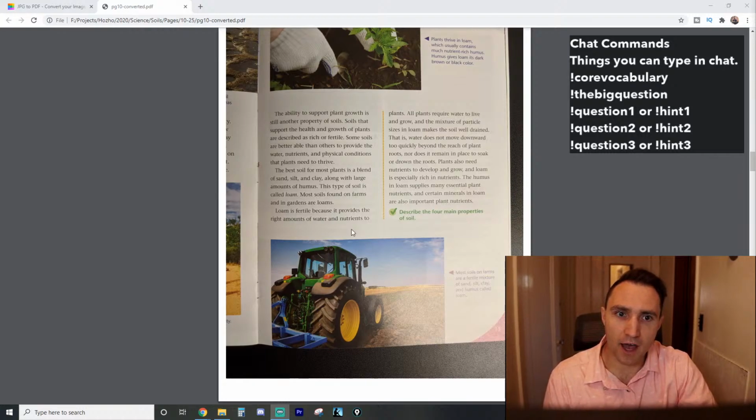Soils that support the health and growth of plants are described as rich or fertile. Some soils are better able than others to provide the water, nutrients, and physical conditions that plants need to thrive. The best soil for most plants is a blend of sand, silt, and clay, along with large amounts of humus.